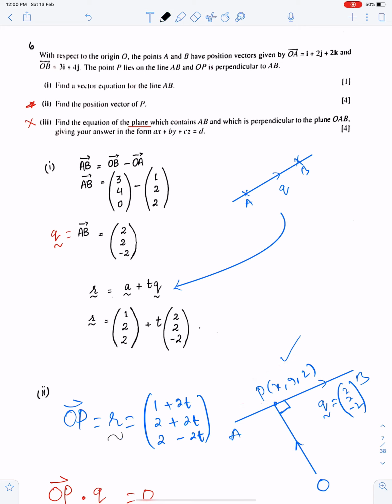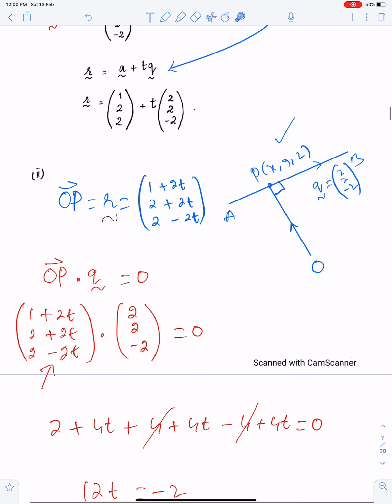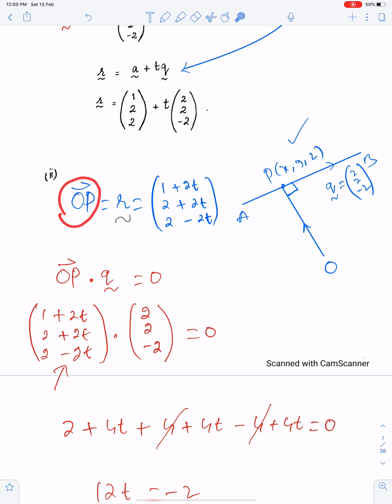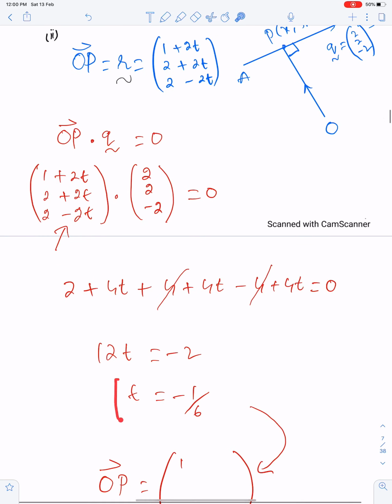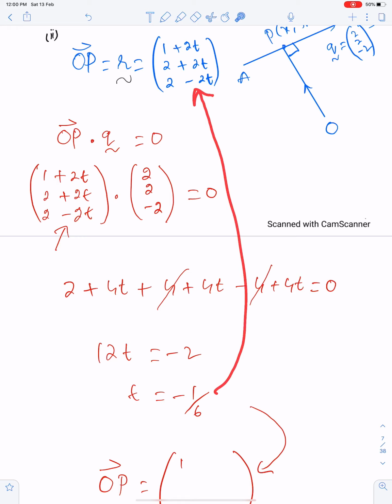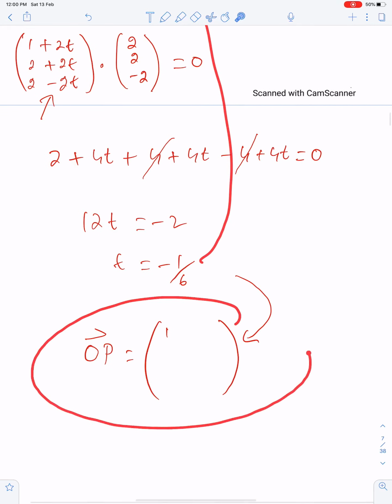Since P is unknown, we can replace r by OP. So OP is this. Now take the dot product of these two vectors, OP and q. So OP dot q is 0. In this way, you can easily get the value of t. After getting the value of t, substitute t back into OP and get the vector OP.